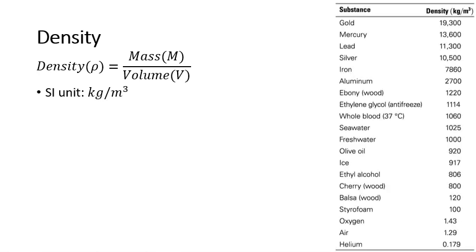And these are some density values for some substances. In the table here you can see at the top the solid substances, and they have a little bit higher density. In the middle of the table, for example, you can see fresh water and olive oil, those are liquid substances, and the density is less than the solid substances.